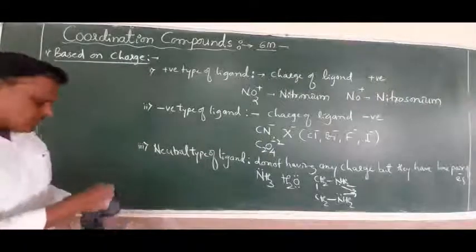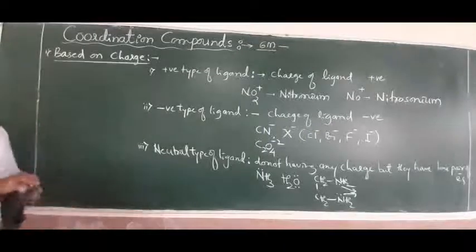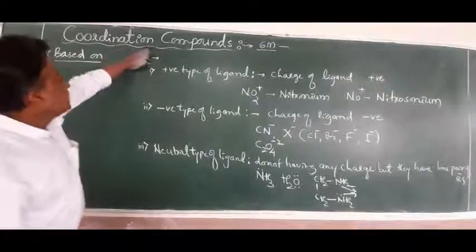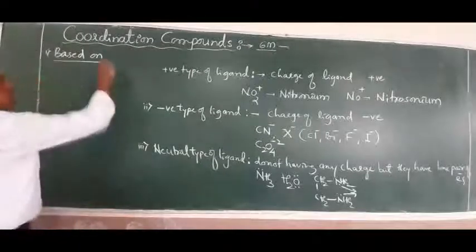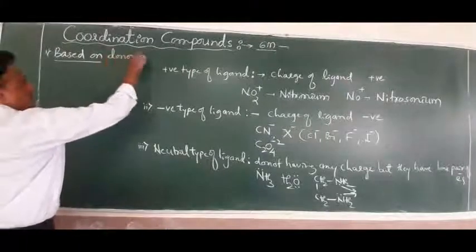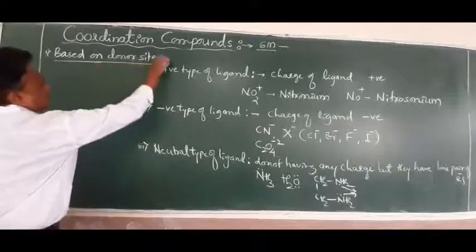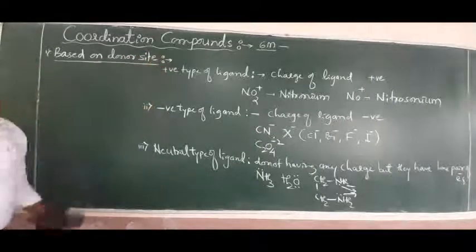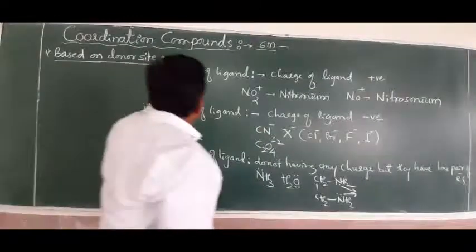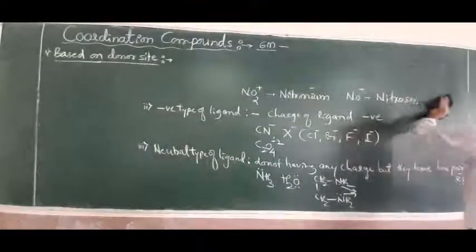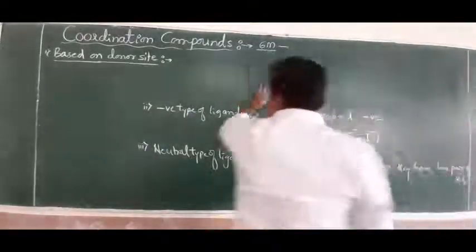After this positive, negative and neutral, we come to the next one, based on the very important donor site, which is mentioned exactly in our NCERT syllabus. I repeat once again, what are ligands?